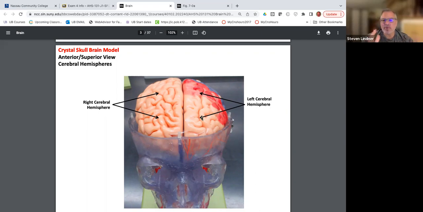And we know that the two hemispheres are involved with different types of function. The left side, I remember it with the L and L. The L in left with the L in the word linear. It's kind of like linear thinking. We say someone is really left-brained.